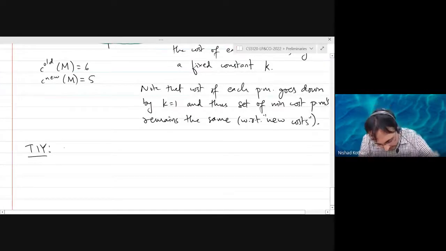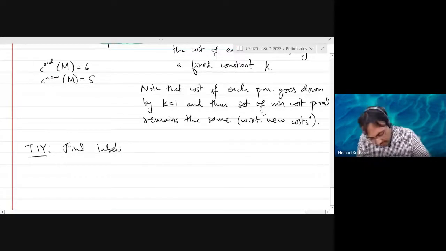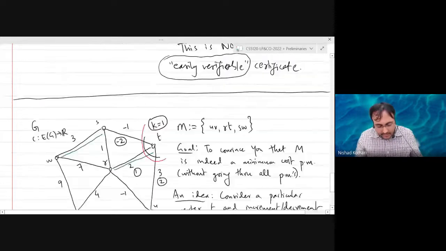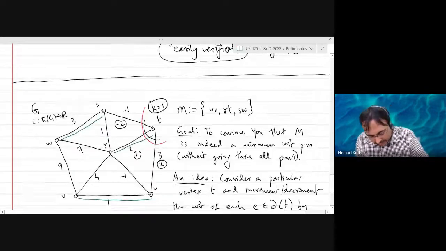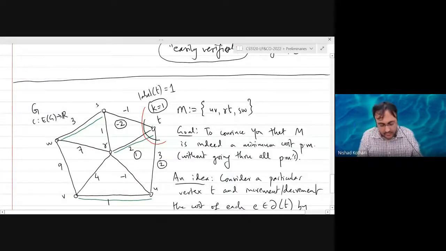Can you find labels for each vertex? So this k, think of it as a label for the vertex t. Okay, so label of t is equal to 1. And what we did is we decremented it from the cost of our perfect matching.